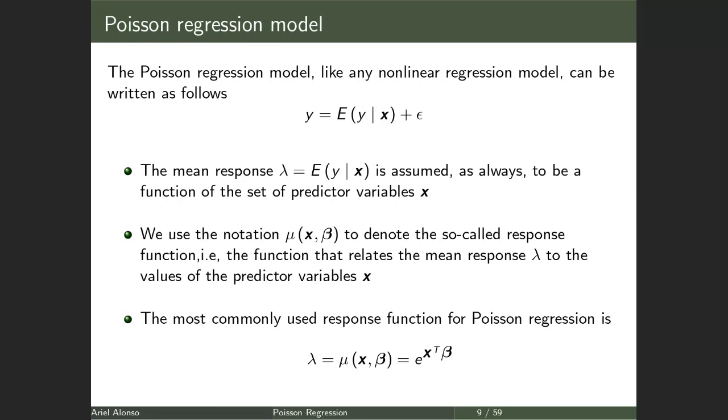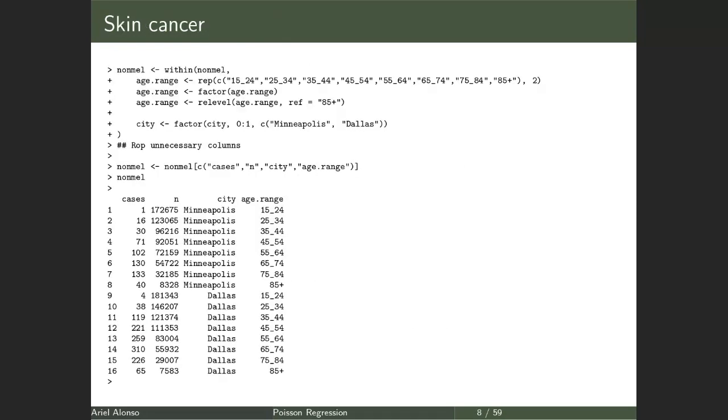Now, what you want to do, of course, is study the number of cases, and see if there is an impact of city and age on the number of non-melanoma skin cancer cases. So this is, again, a count. We are counting the number of cases. It's not a normal distribution here. We don't have a continuous, normally distributed random variable.